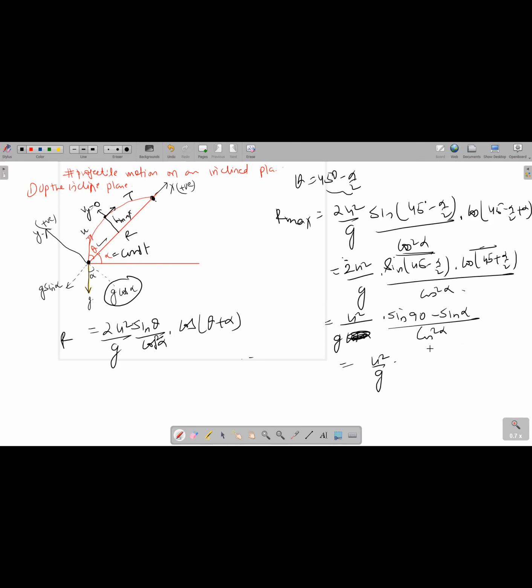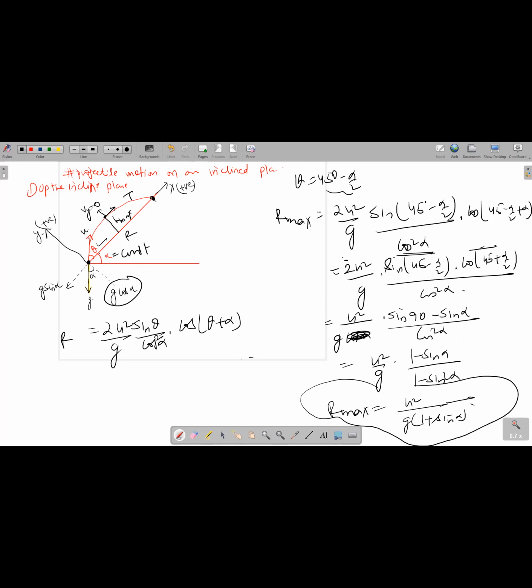So u square upon g, this is 1 minus sine alpha. You can write this cos square alpha as 1 minus sine square alpha. You can see that 1 minus sine alpha will cancel out, and then you will have u square by g into 1 plus sine alpha. So this is the value of R max.